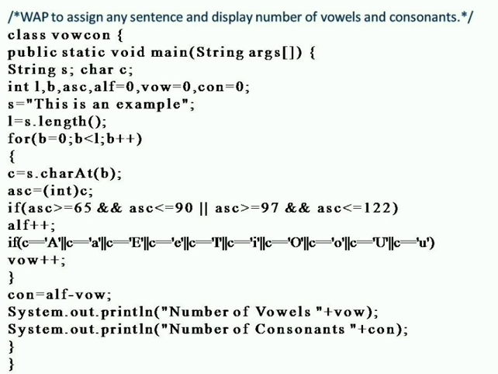That means all the vowels A, E, I, O, U, both in uppercase and lowercase, are checked in this if statement. So the character which we have extracted in C, if it is a capital or small letter vowel, then the counter for vowel VOW is incremented.